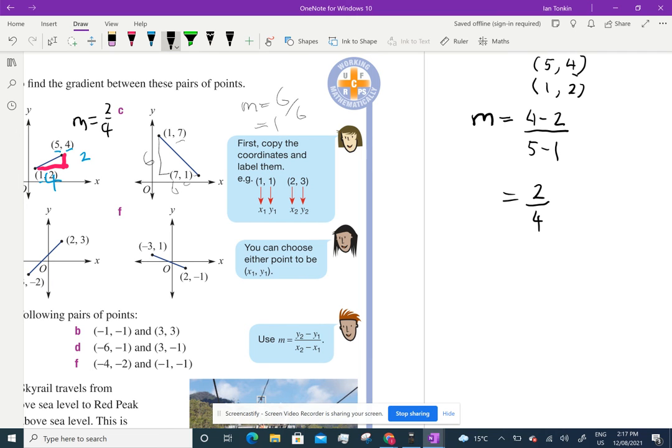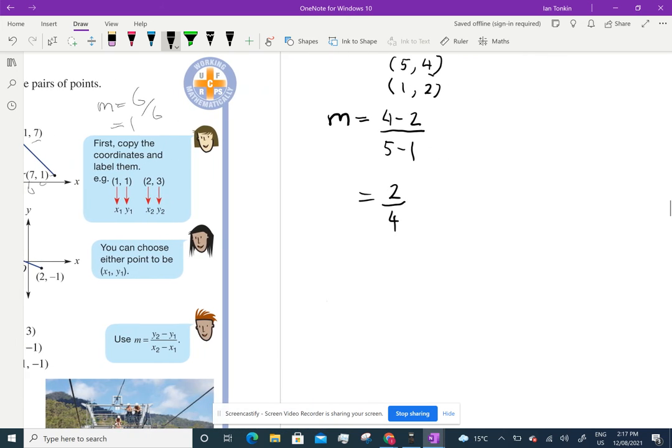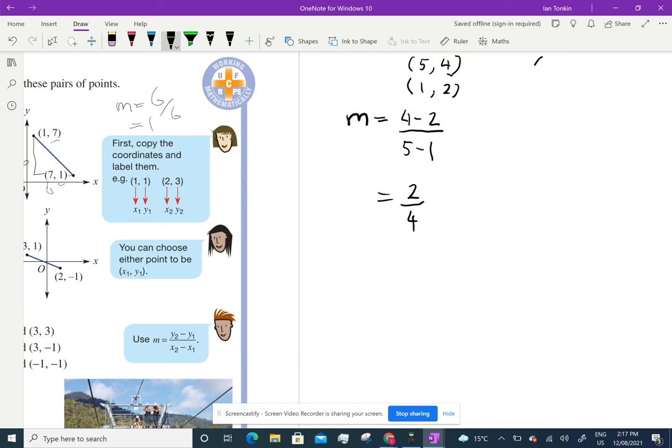But if I use the formula, and watch again, write the points above each other, 1, 7, and 7 and 1. The gradient equals, oh, by the way, that gradient's going down, so it has to be -1. Look at the top, 7 minus 1, subtract the y values.